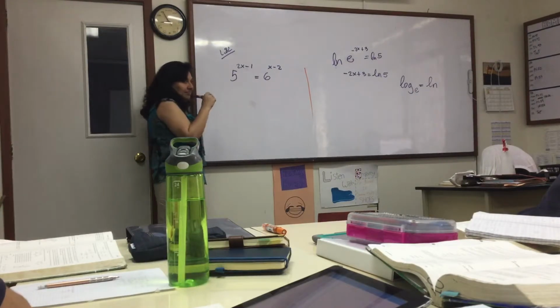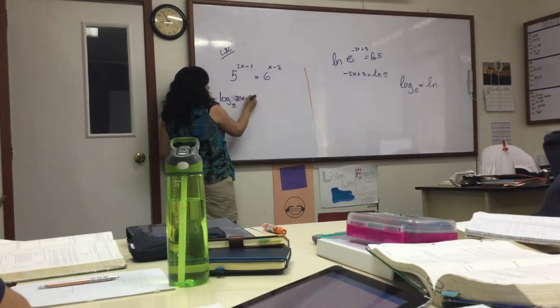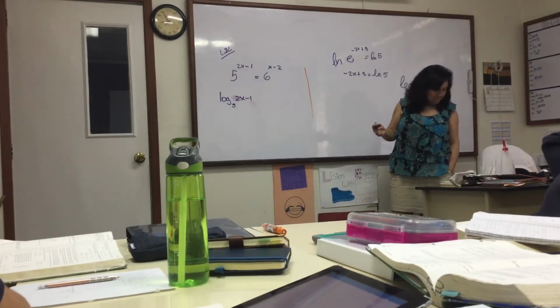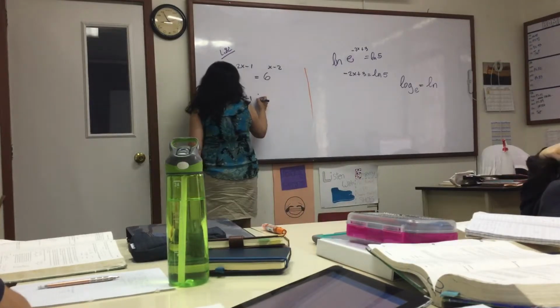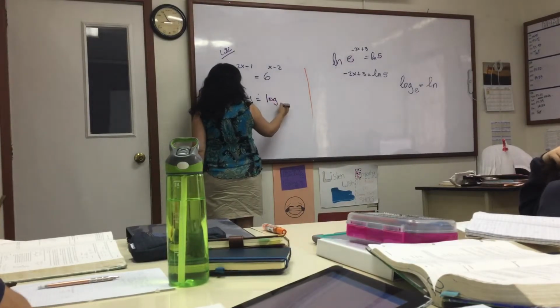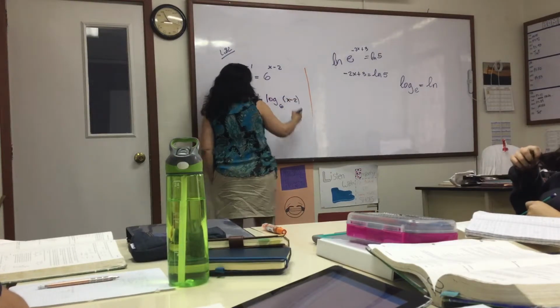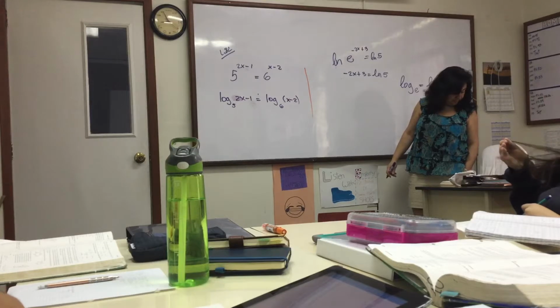Logarithm of 5 to the 2x minus 1 equals logarithm of 6 to the x minus 2. Wouldn't it be logarithm 5 times 2x minus 1?